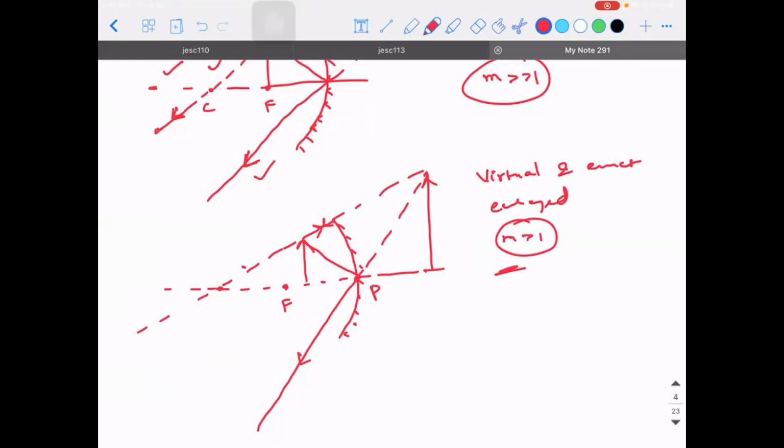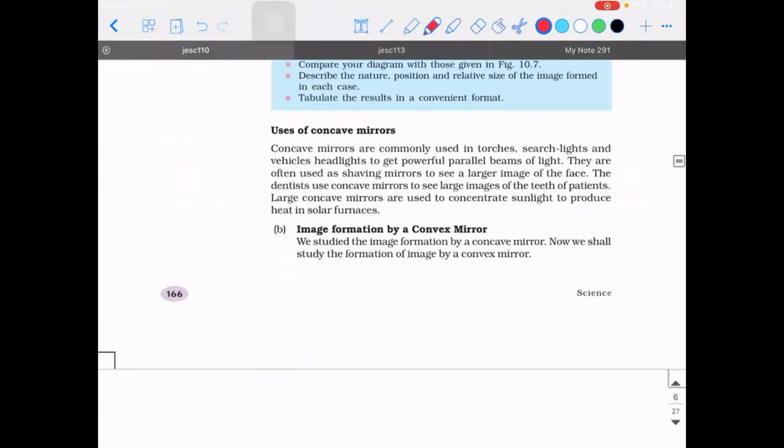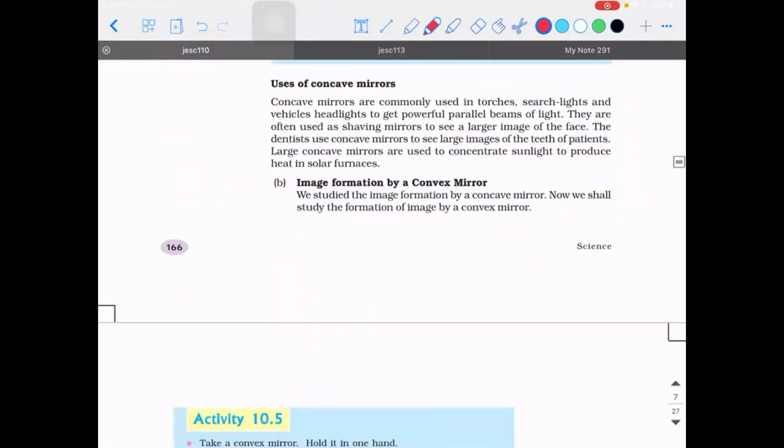So the same thing you can do with respect to a convex mirror also. Let's see that. So what are all the uses of concave mirrors? They're commonly used in torches, searchlights, and vehicle headlights to get powerful parallel beams of light. Okay, they're often used as shaving mirrors to see a larger image of the face. So for them to act as a shaving mirror, where should your face be?